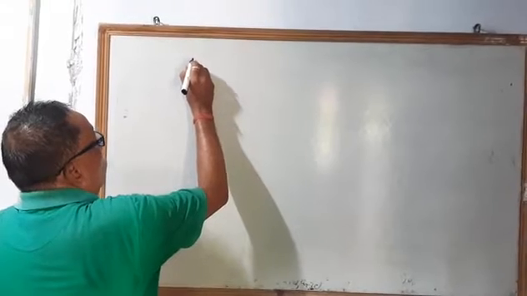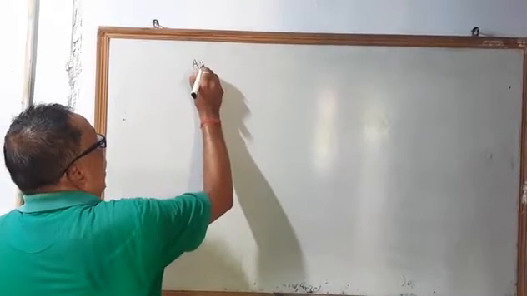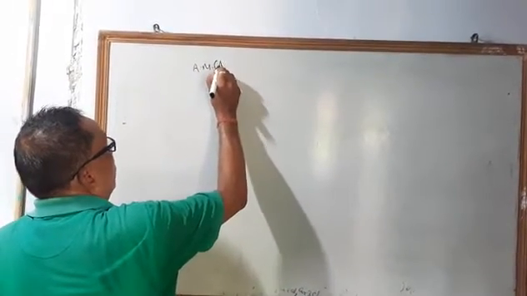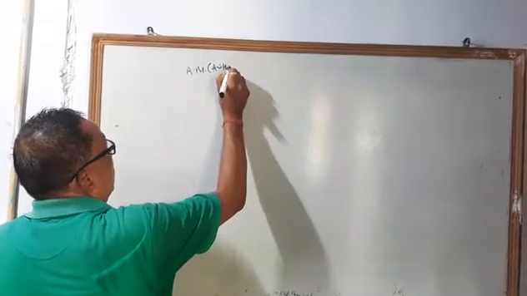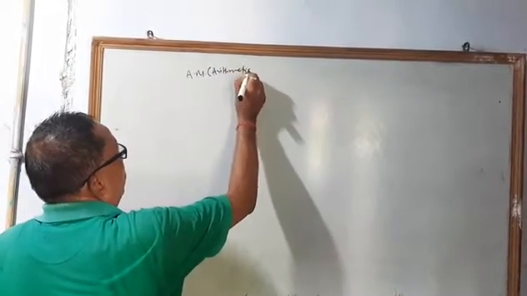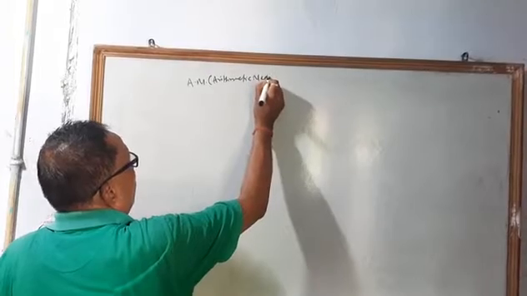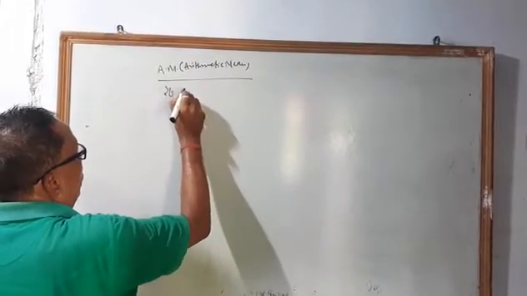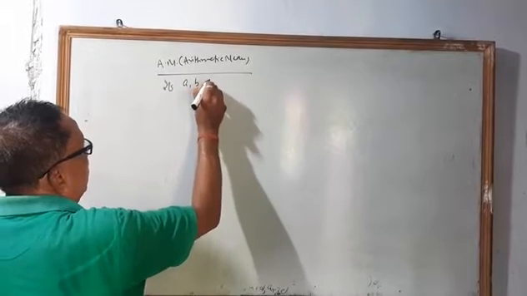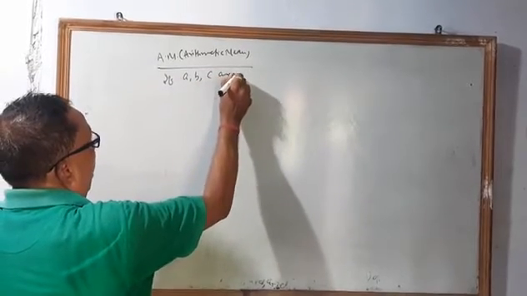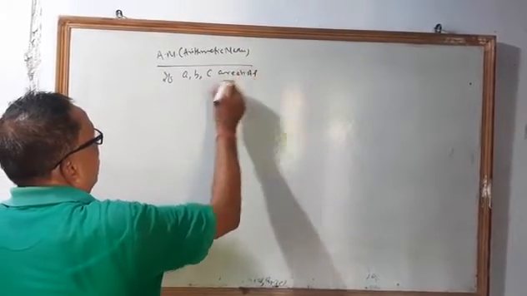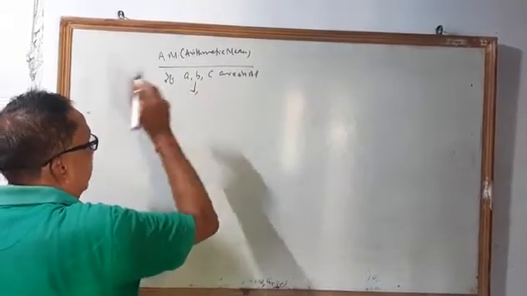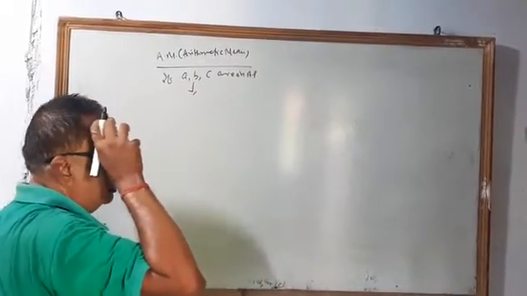Now, the arithmetic mean. Suppose a, b, c are in AP. Then b is the mean of a and c.